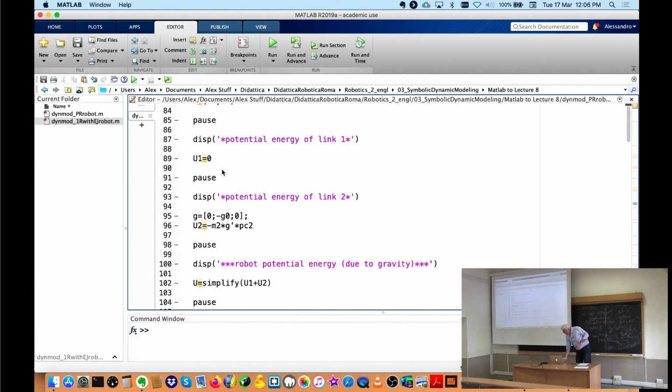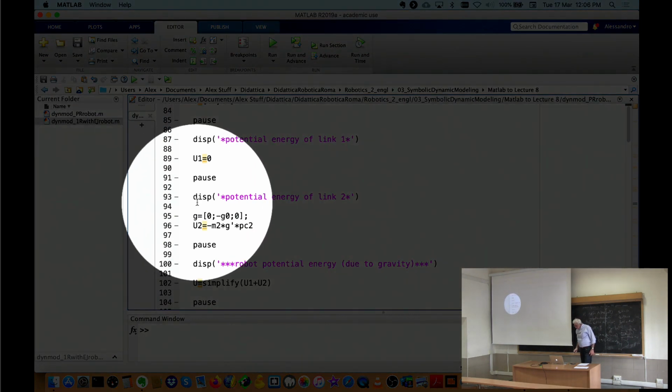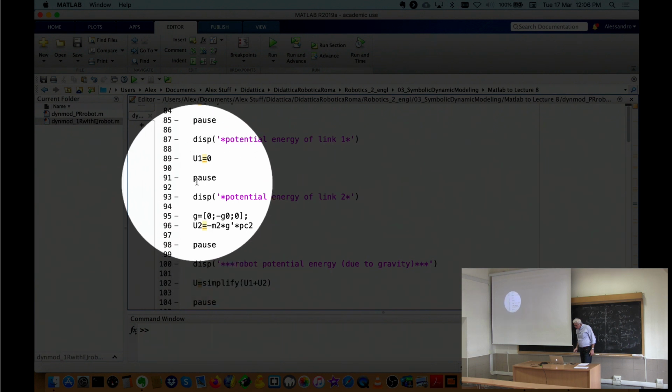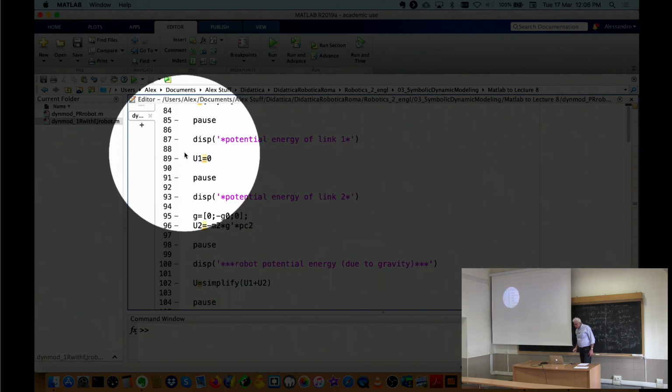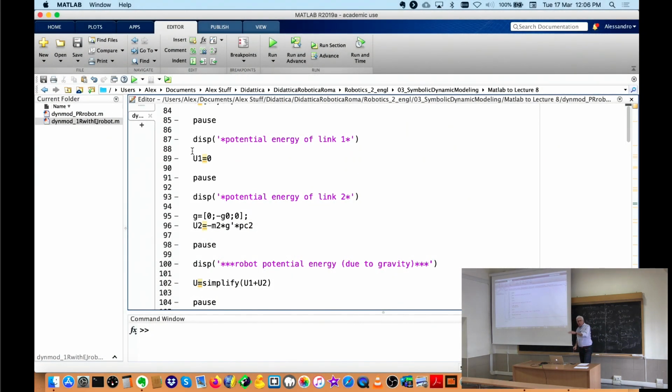And what is new here is that you compute next the potential term. So you put to 0 the potential energy of the first link, because when this moves, it doesn't change height with respect to the gravity field, so the potential will be constant. I set equal to 0. I could have set any arbitrary value, because then in the gradient this will disappear.